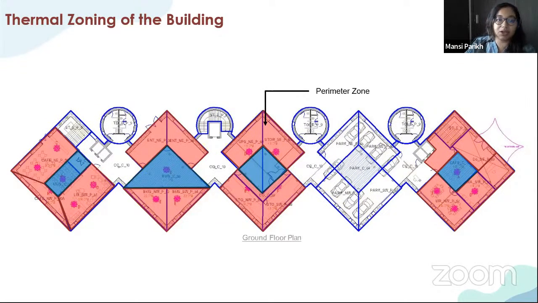This is a typical office building. The red zones are the office spaces, and the blue ones are again office spaces, but they are in between two conditioned spaces. And the white ones which are left are naturally ventilated spaces.